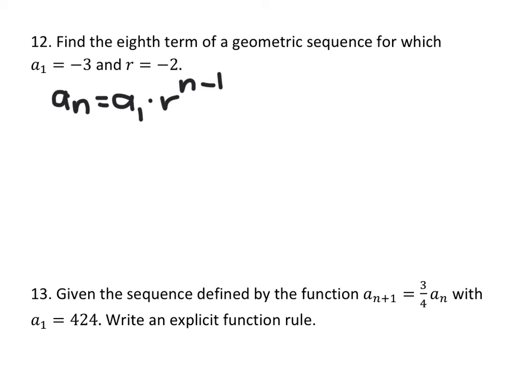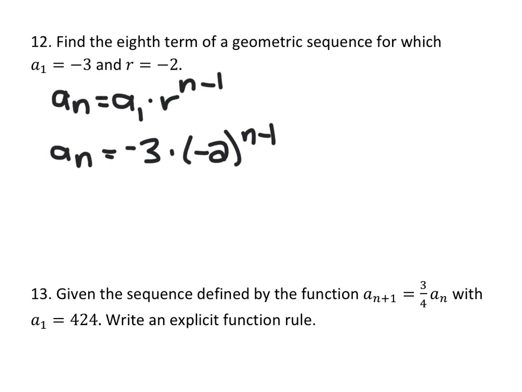Let's write our equation first. a1, our first term, is negative 3 times negative 2 to the n minus 1. Now make sure you keep these separate. The negative 3 needs to be separate from this negative 2 to the n minus 1. Do not combine them. It'll mess you up.